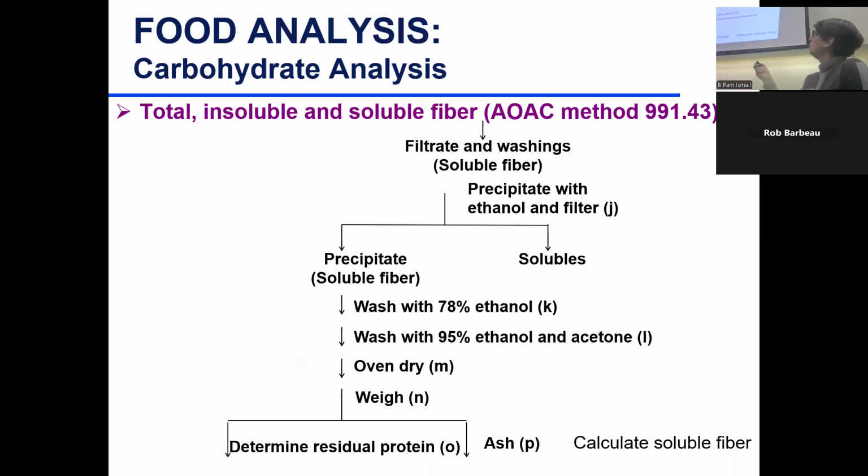So take the soluble component that has sugars and amino acids and other solubles, add ethanol to that, precipitate the soluble fiber, do several washes, and then get the dry matter and determine protein and ash and calculate the soluble fiber. Then for total fiber, you add soluble and insoluble. So this is the lengthy method. It works, but it is very long.